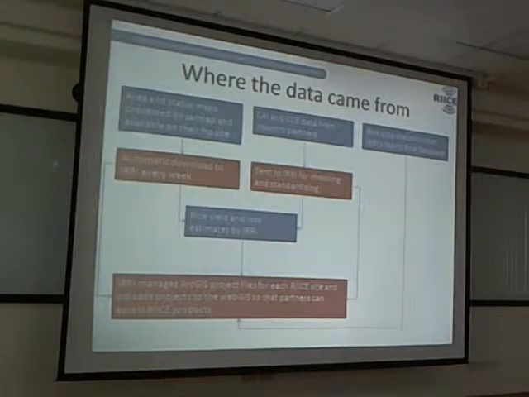So where did the data come from? Okay, so as mentioned earlier, area and status maps are processed by SARMAP, and they made this available in an FTP site, which on our end, we download automatically. It's actually semi-automatic because we have to verify the integrity of the data that are being downloaded.